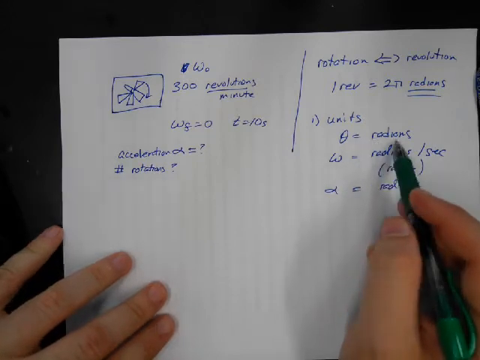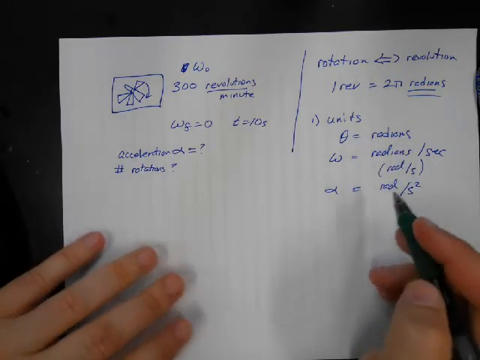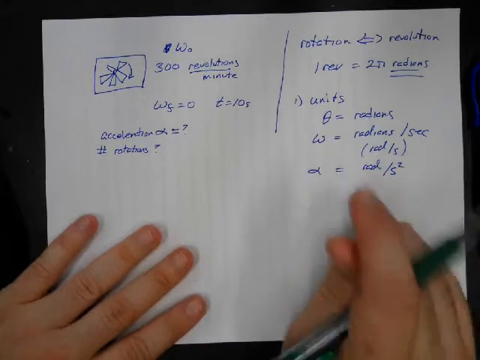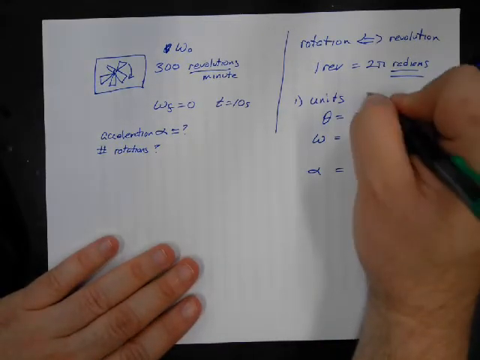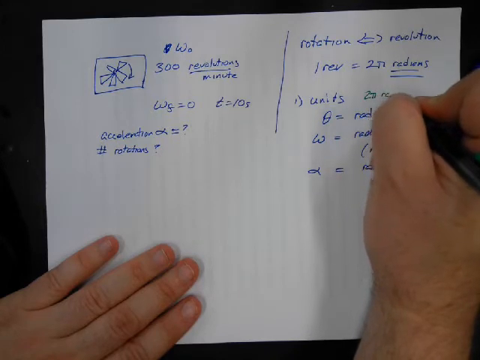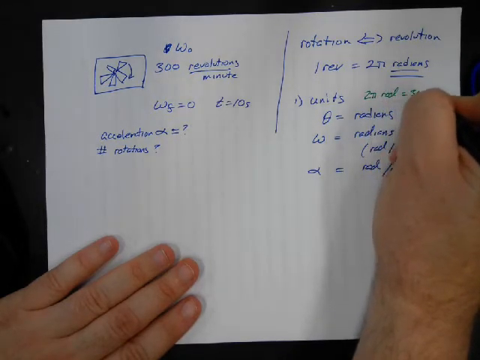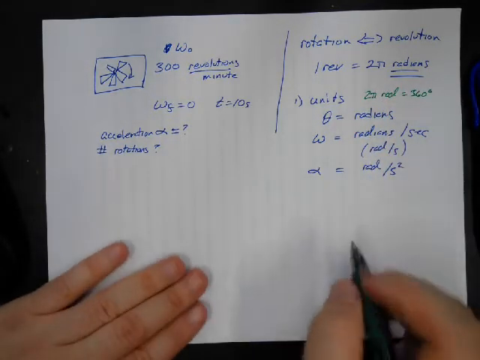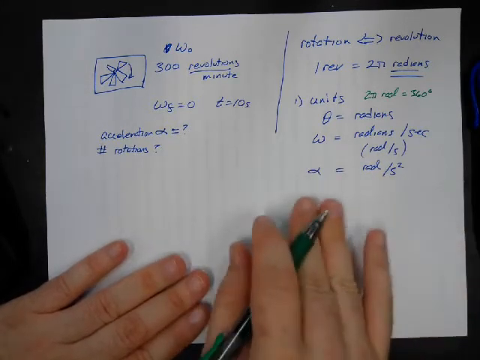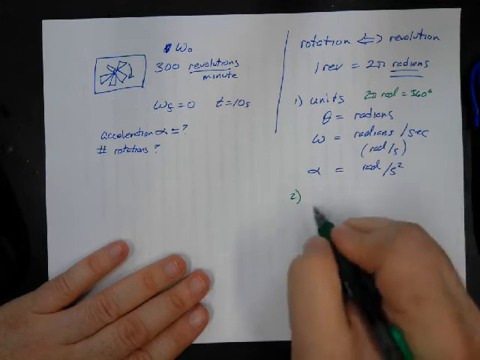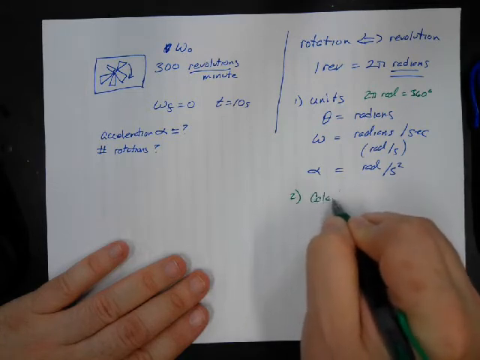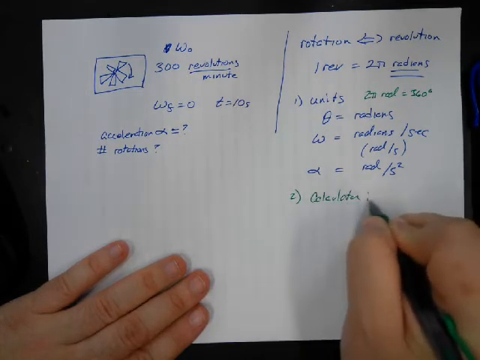Now, we're never going to use degrees here. We're always going to try to state things in radians, and you know that 2 pi radians is 360 degrees. So one is our units: we're always going to go with radians. And two, we're always going to leave the calculator in degrees.